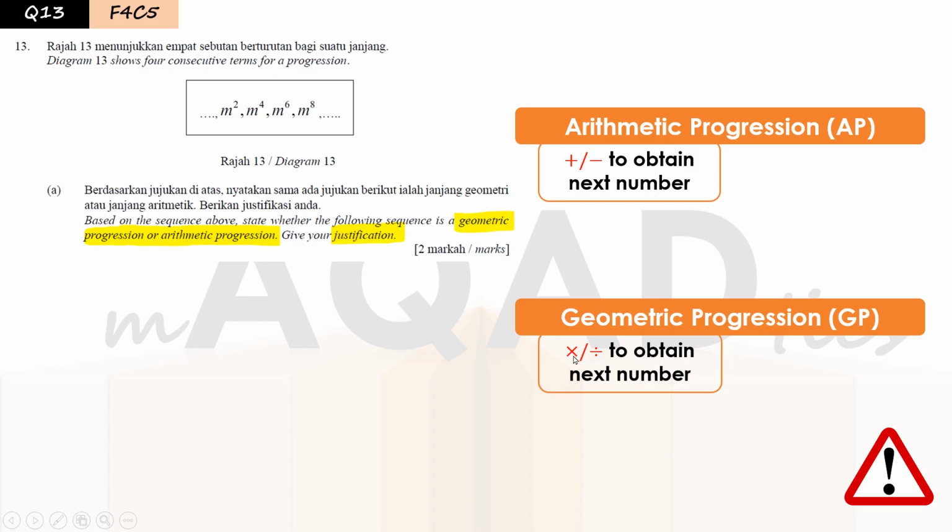If we need to multiply or divide to get the next number, it is geometric. A very simple example for arithmetic is 2, 4, 6, 8, 10. As you can see, I'm adding 2 to get the next value. For geometric progression, it can be 2, 4, 8, 16, 32. As you can see, to get the next number, I need to multiply by 2.